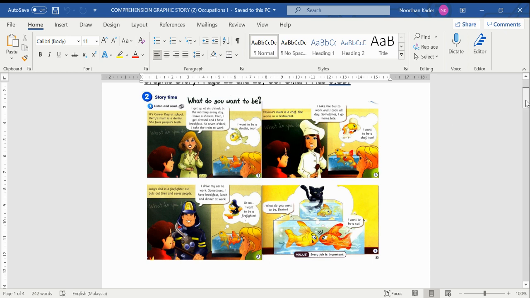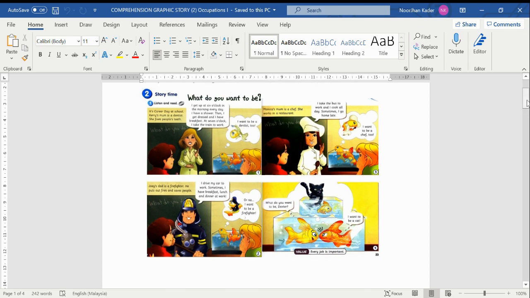You can also look at the introduction. You can look at the speeches given by each one of them in each frame, and also the dialogue of the yellow goldfish and the orange goldfish. All these matter because we have to take count of the details in the frames, as we are going to write answers to comprehension questions.